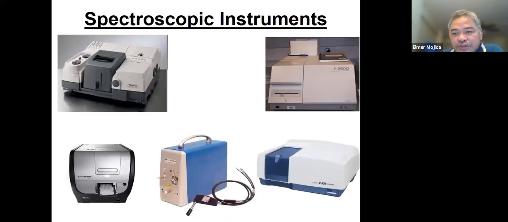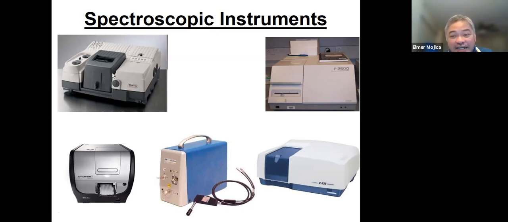So when I moved to Pace University, these are the spectroscopic instruments that we have. So I'm not sure if you're familiar with this one. Can you tell me what is this, the one I'm pointing right now? What do you think is this one?